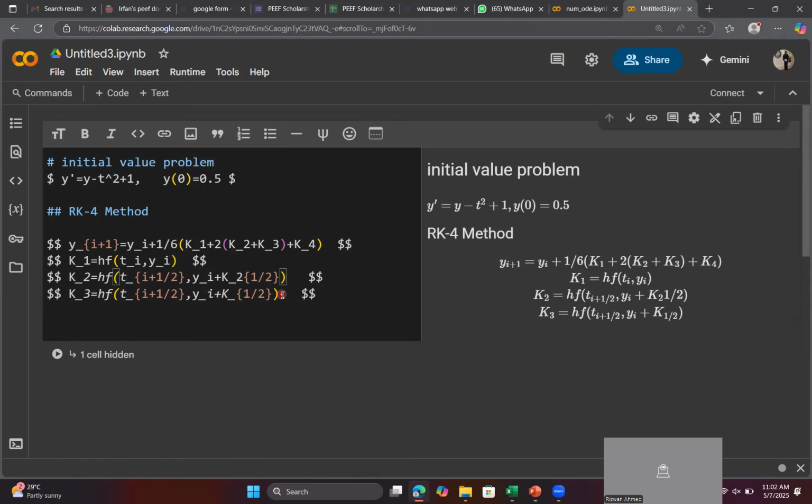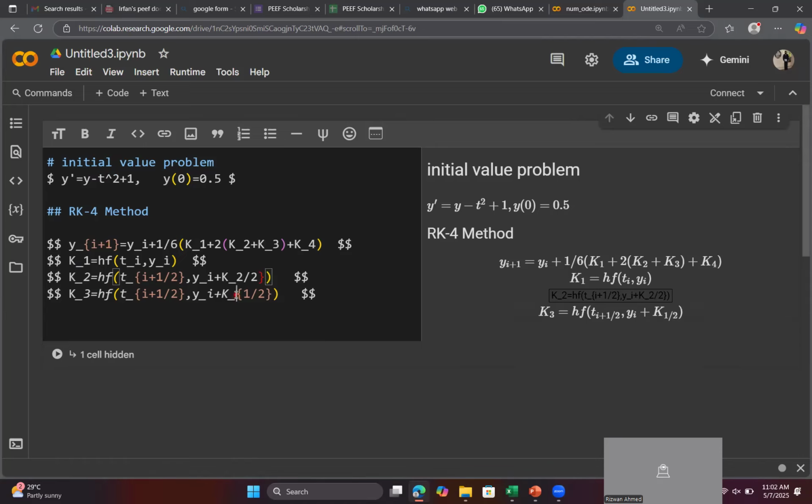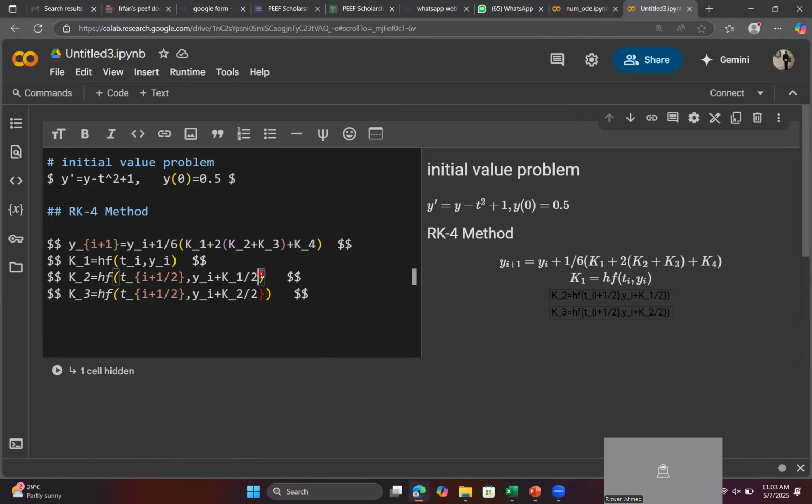Sorry, this should be k1 by 2, and this should be k2 by 2. So the value of y at the midpoint. Yes, this is extra, and therefore the expression was not converted into an equation. Yes, this is correct. The t argument of the function is at the midpoint, and the y argument is at the midpoint. However, this is the estimation.